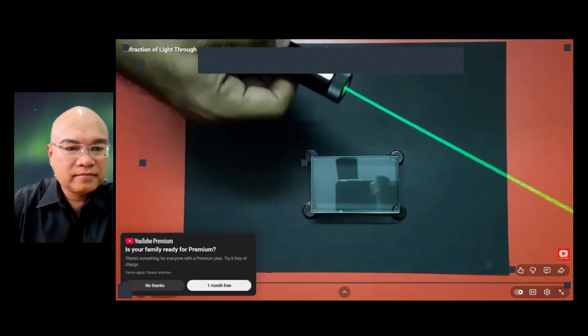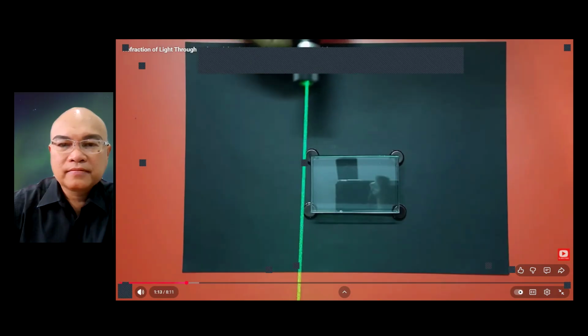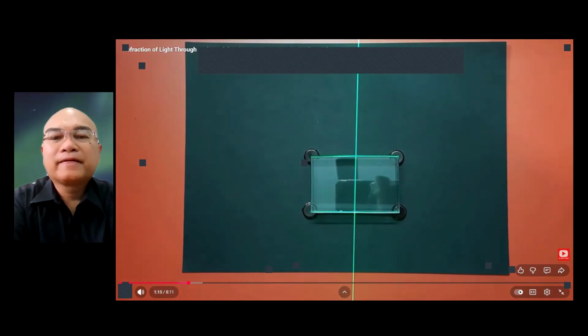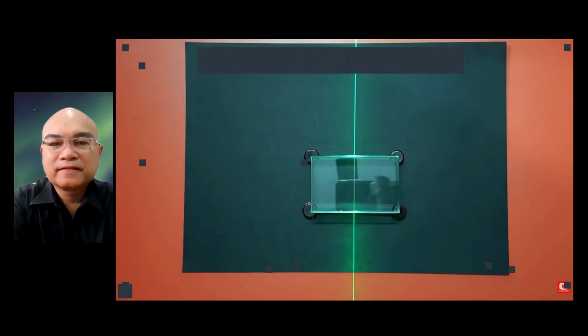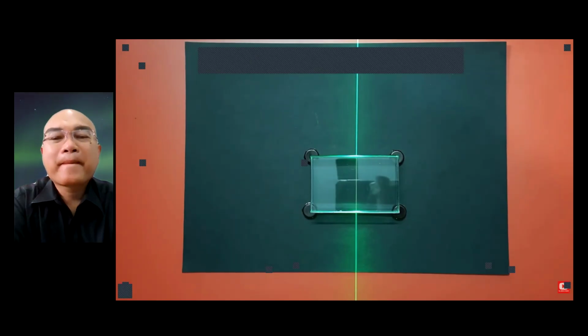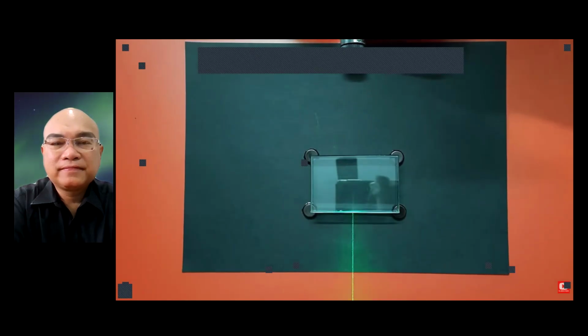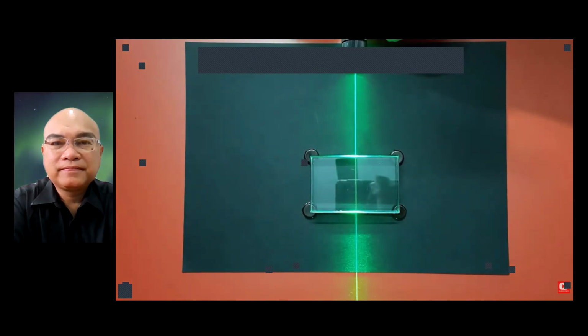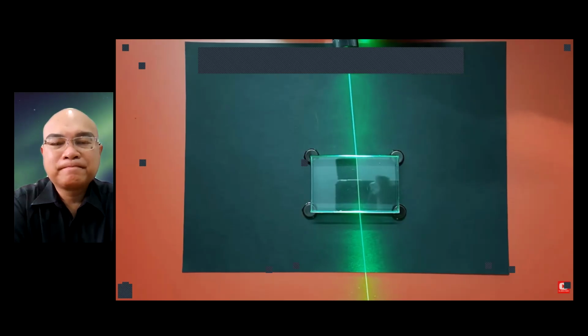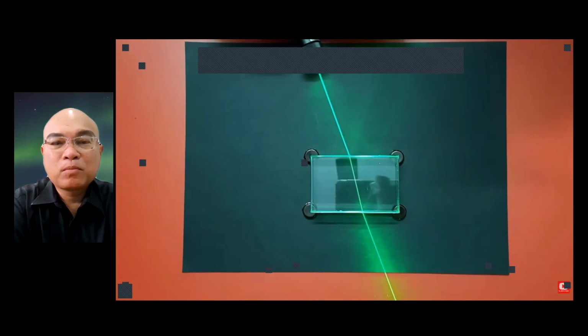Let's first discuss refraction with normal incidence of laser beam. Here, the laser beam is falling normally on the glass slab. That means angle of incidence is 0 degree. So here, light travels straight in the glass slab without any bending or refraction. Now change the direction of laser beam and increase the angle of incidence.